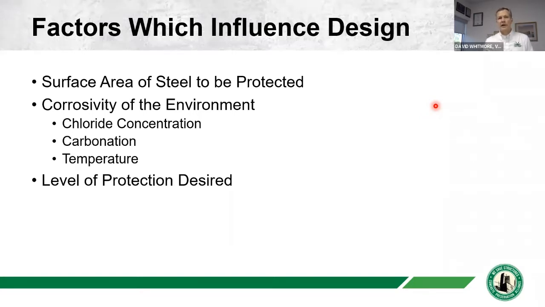And then the third thing that you need to think about when you're doing design is what level of protection is required or what level of protection you desire to achieve. Depending on what level of protection you want, that's going to influence your choice of, for example, design current density.